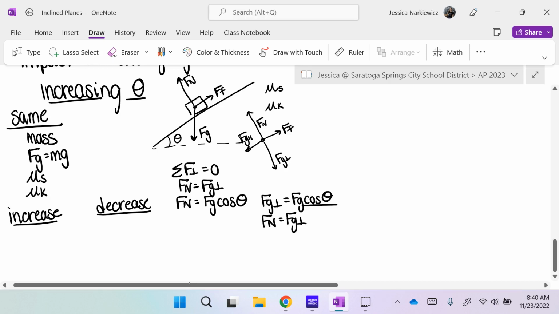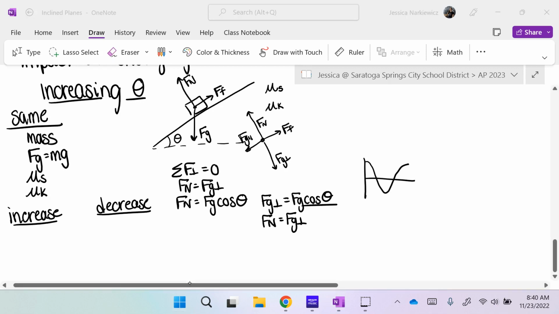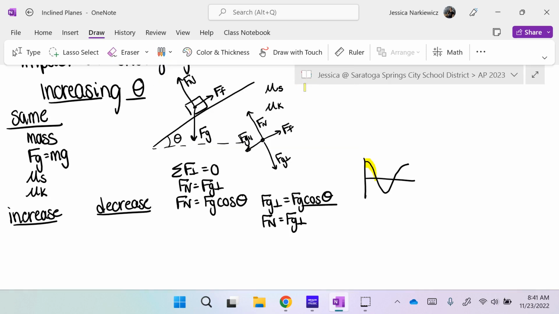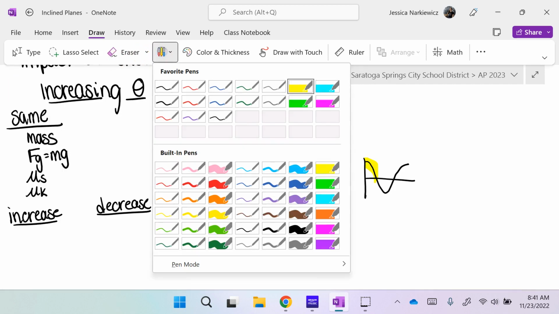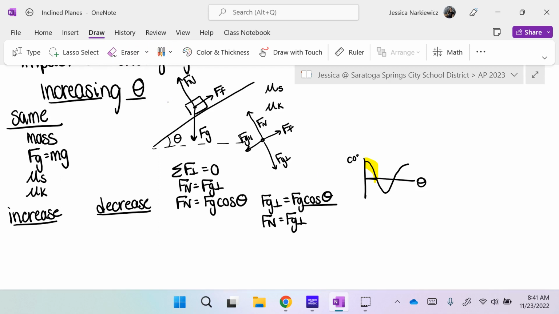Now, for those of you in pre-calc, you know that a cosine graph looks something like this. The part that we care about is the part that goes from 0 to 90, this first chunk right here. What that graph tells me is that as the value of the angle increases, which is the x-axis, the cosine of the angle decreases.